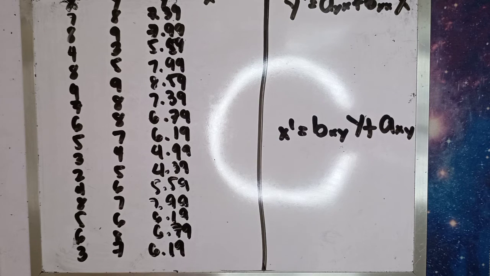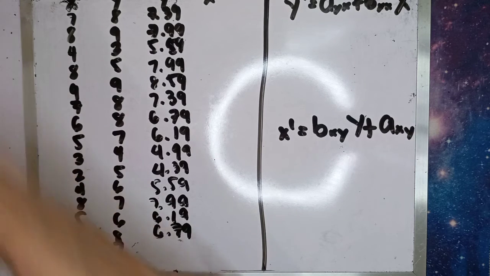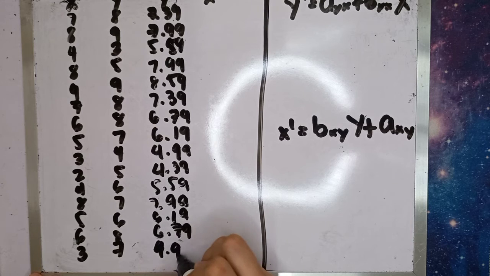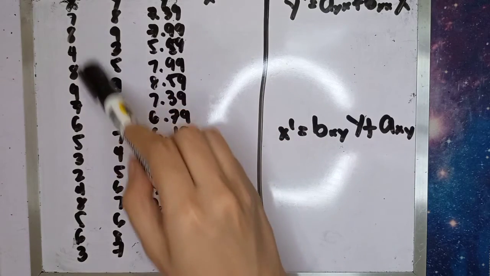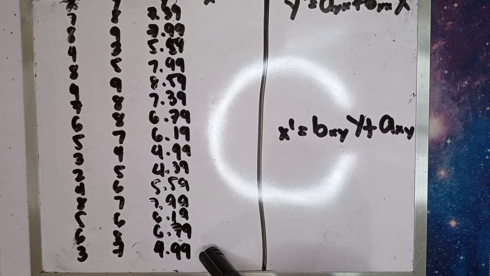No. This should be 4.99. Wait. This is 3, so this should be 4.99. Yan. So, that is the prediction of the score of y given the x. Okay?